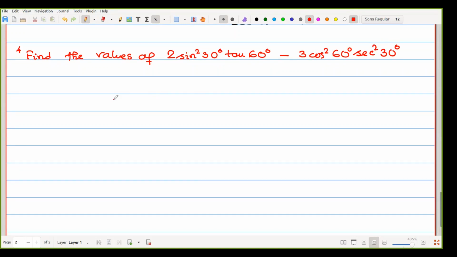So simply we can use the values. Okay, so at first I am writing it in this way.